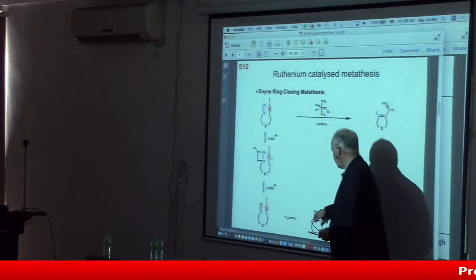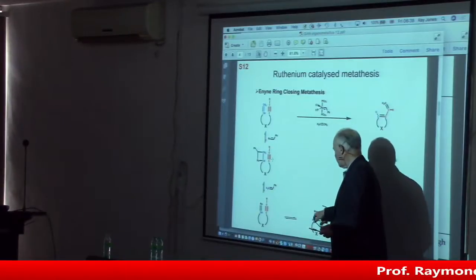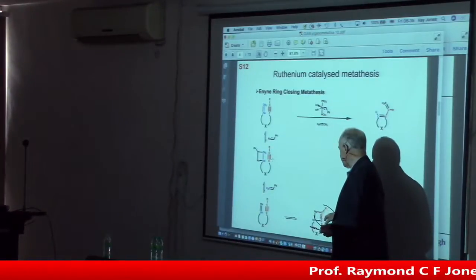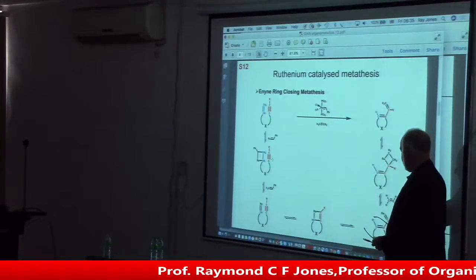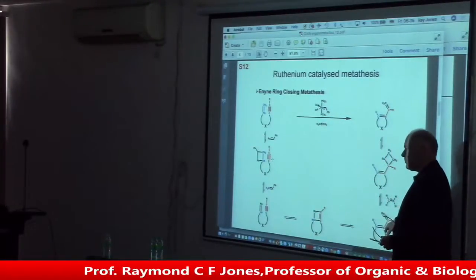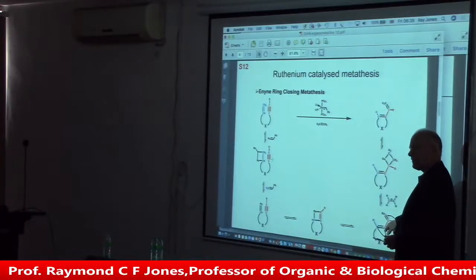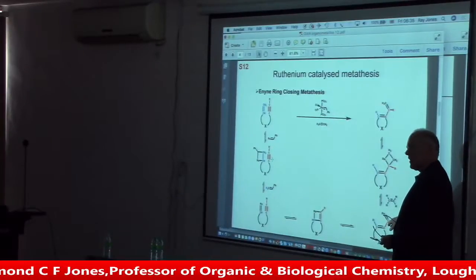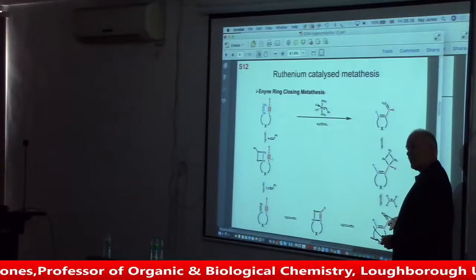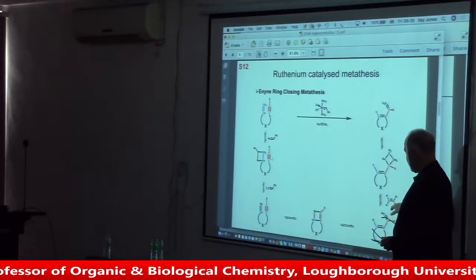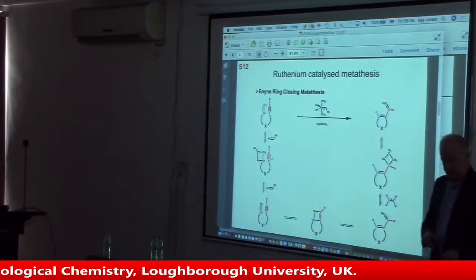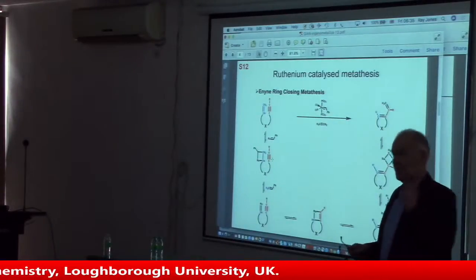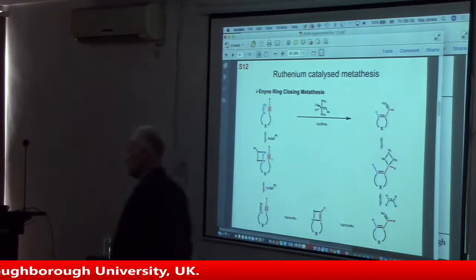If you now break the left and right hand bonds, then what you end up with is a double bond to close the ring, and a side chain which now carries the ruthenium carbene. And then that does the metathesis with ethene to finish it off. So there was ethene in the reagents.